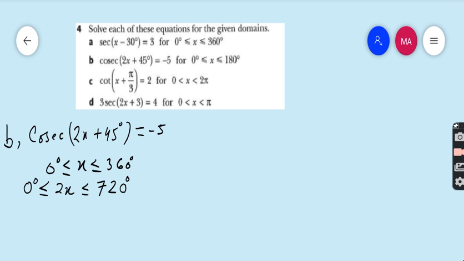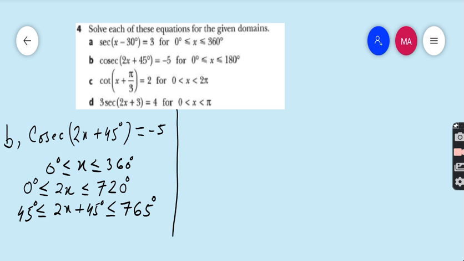And now add 45 to all angles. So 0 plus 45 is 45, 2x plus 45 degrees, and 720 plus 45 is 765. So we need to find all angles from 45 degrees to 765.